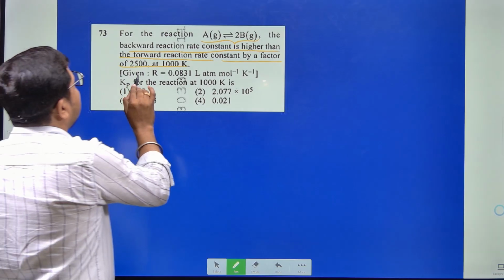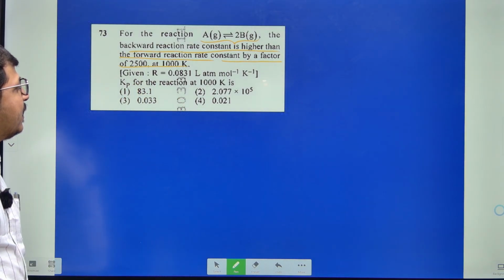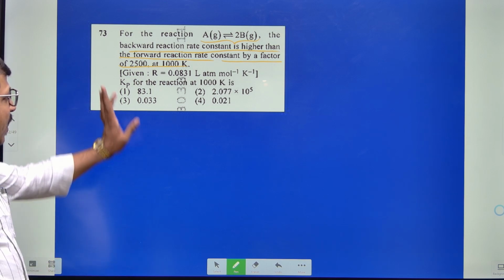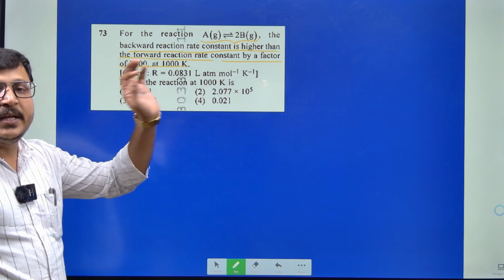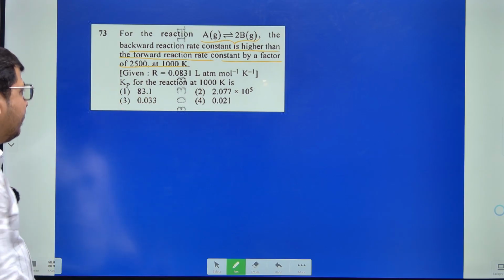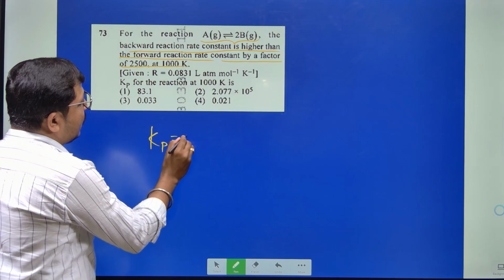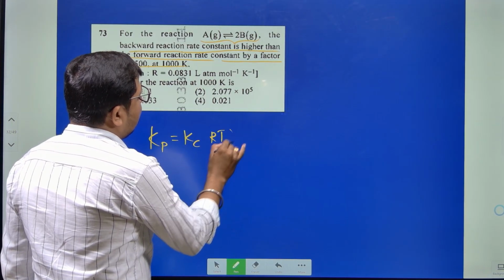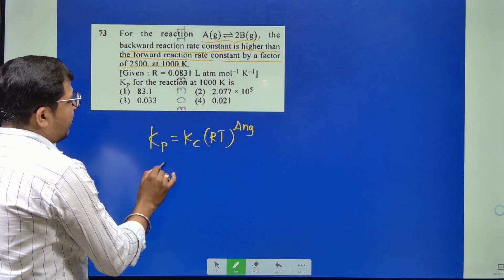Given R is equal to 0.0831 liter atmosphere per mole per Kelvin. So what we have to do? We have to find Kp for the reaction at 1000 Kelvin. We know the formula Kp is equal to Kc into RT to the power delta Ng. First we will calculate delta Ng.